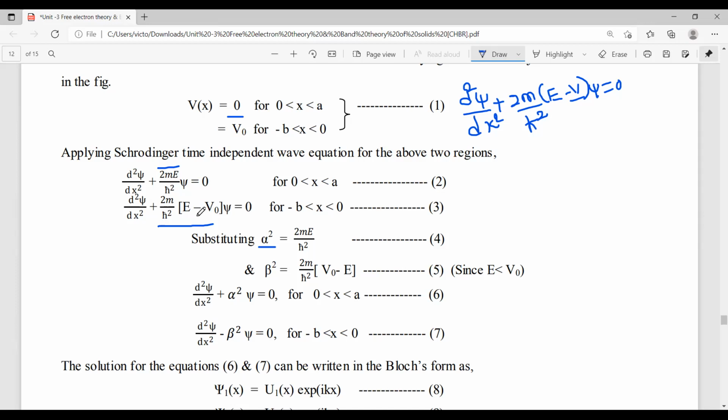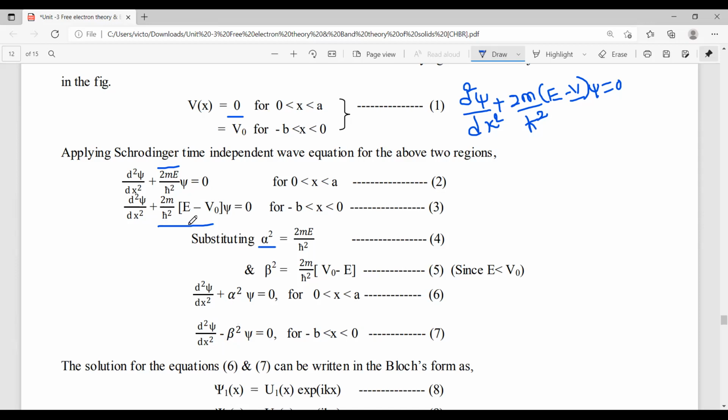For interchanging of these two values, to compensate, we have to take the plus value as a minus here. If you use E minus V naught, then again you choose the plus value here.